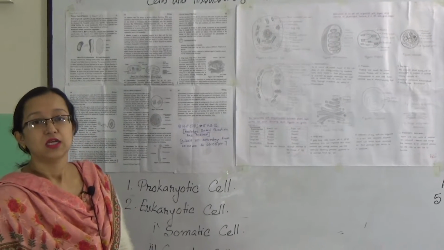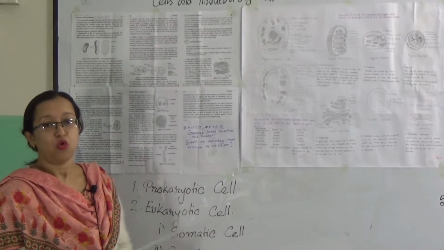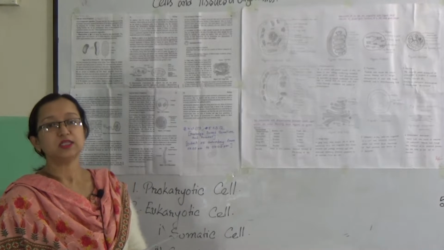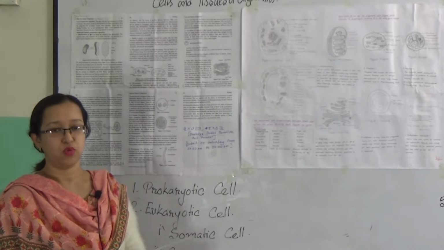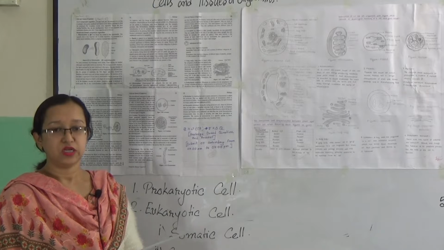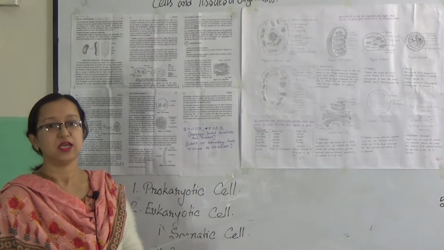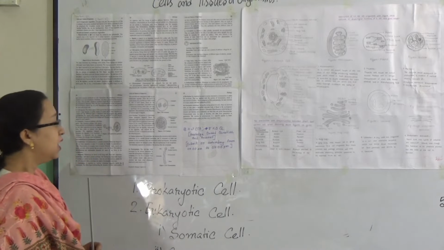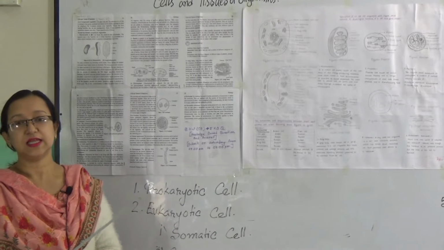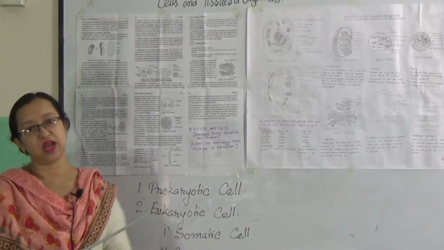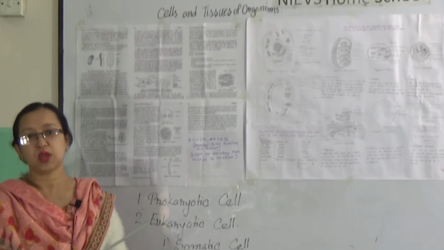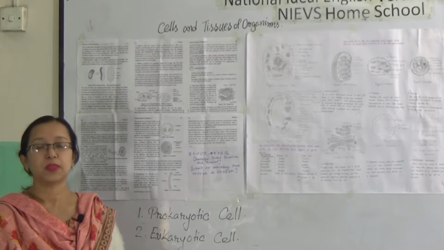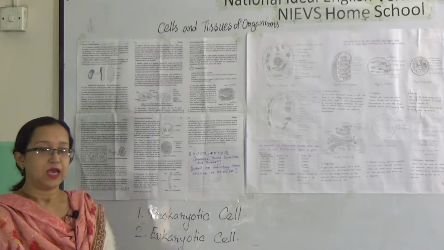In this chapter we will learn different types of cells, cell organelles and their functions, and also different types of tissues of plant and animal body organisms. Now we know that cells are present both in plant organisms and animal organisms.